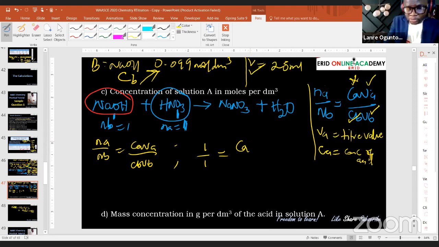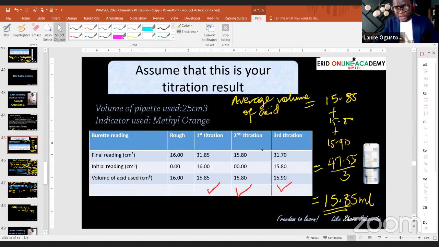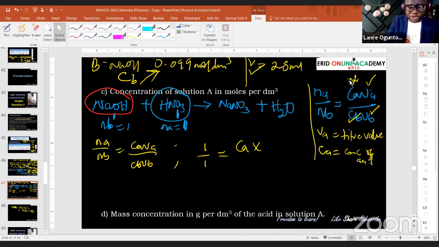Okay, so multiply by Va. Va is your titer value. So let's go back to our table. What's your titer value here? Our titer value is 15.85. So we write 15.85 over Cb.